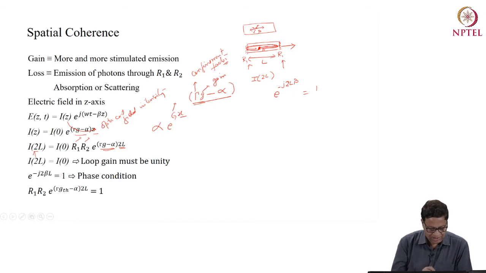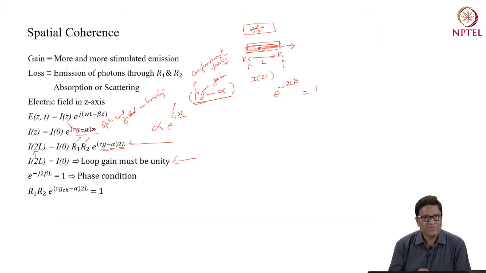So if I use the other condition, that is I2L is equal to I0, and put it in this equation here, I get R1 into R2 e raised to the power (gamma g threshold minus the loss) into 2L equal to 1. This is the threshold gain, because this is the gain which I require for oscillation.